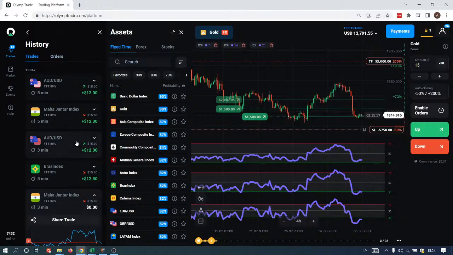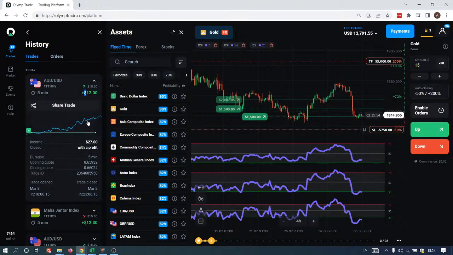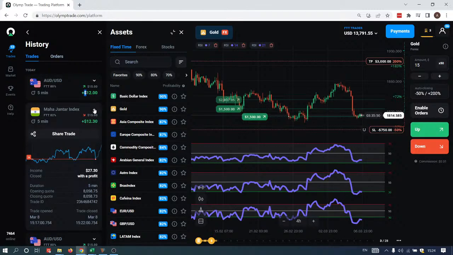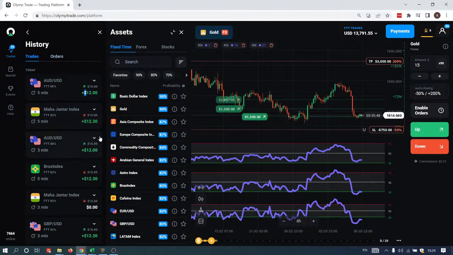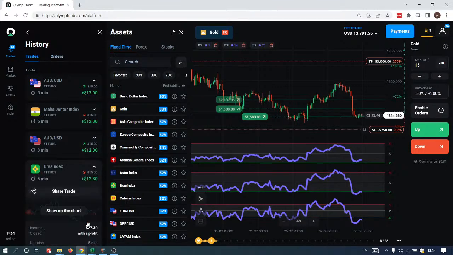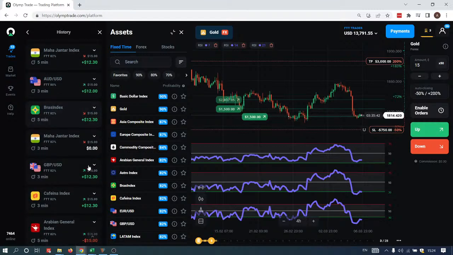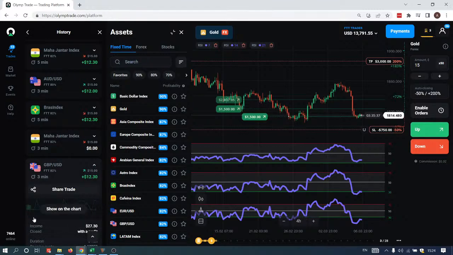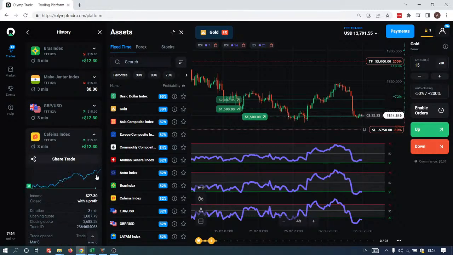And all other trades, wow, beautiful, all other trades closed with a profit. Sometimes it was just barely, like in this case in Mahajantari Index. But here was a significant win with currencies as well. And Caffeine Index, yeah, it was a huge gain. So I opened the trade here and it closed here.